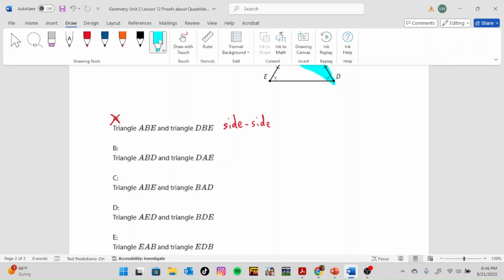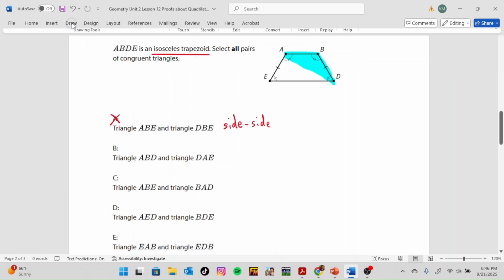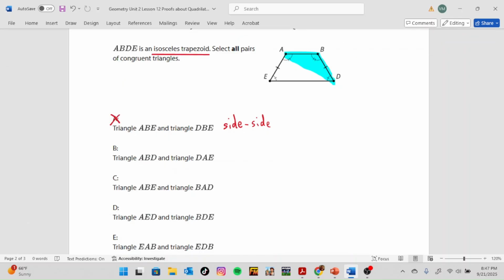And then triangle DAE. So these triangles in blue and green.